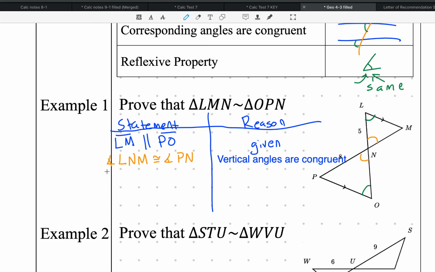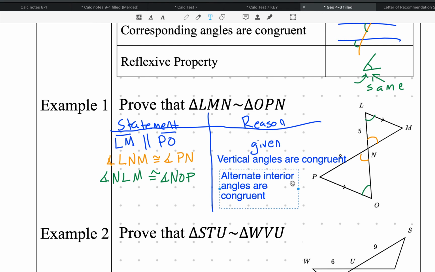There it is. So say angle NLM is congruent to angle NOP. Yeah, exactly. And I'll type in here, alternate interior angles are congruent. Oh, nice, it actually detected the picture and tried to move it around.